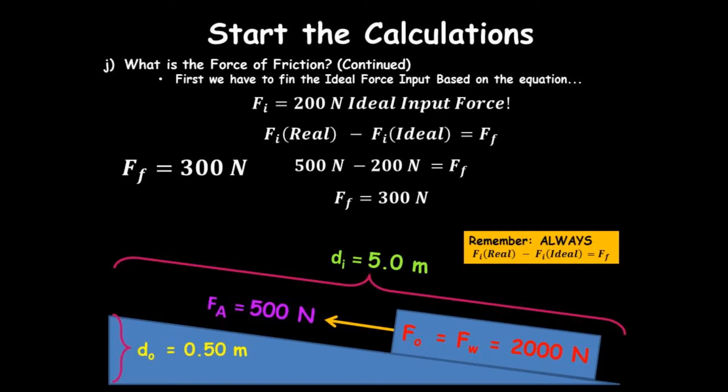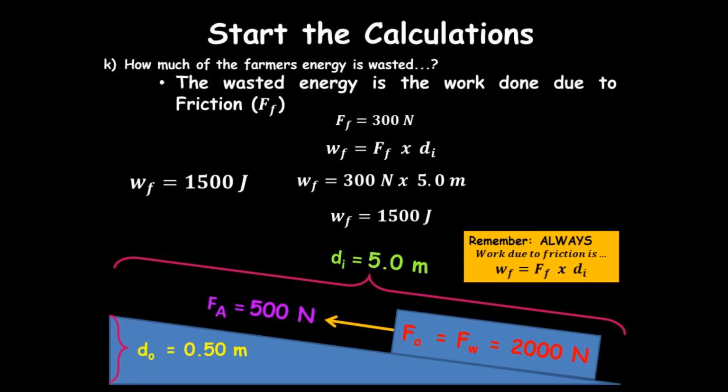What is the work that's converted to heat? Well, it's going to involve the frictional force and the input distance. So let's calculate how much of the farmer's energy is wasted, or in other words, how much of the work is converted to heat.